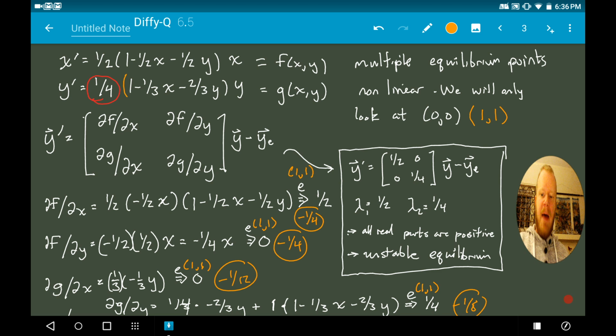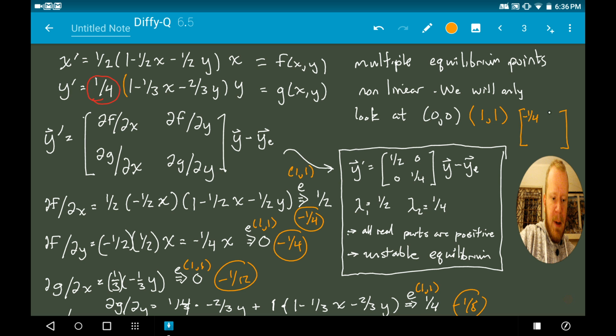So if you find that matrix, your matrix is going to look like this, right? Negative 1/4, negative 1/4, negative 1/12, negative 1/6, and then that is going to produce eigenvalues, so eigenvalue 1, eigenvalue 2.